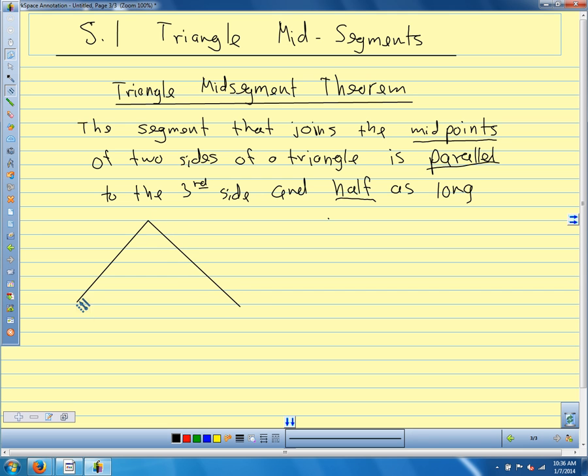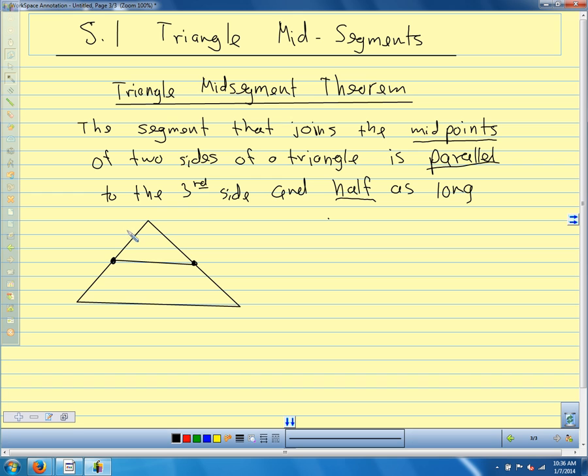So there's my triangle. And we're going to join the midpoint of that side and that side. So there's my segment. So if this point is the midpoint of this side, what do we know about this segment and that segment?